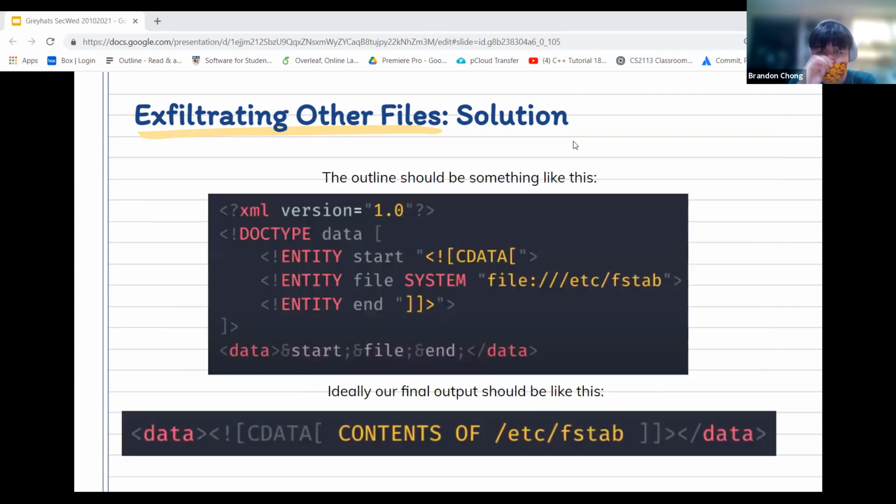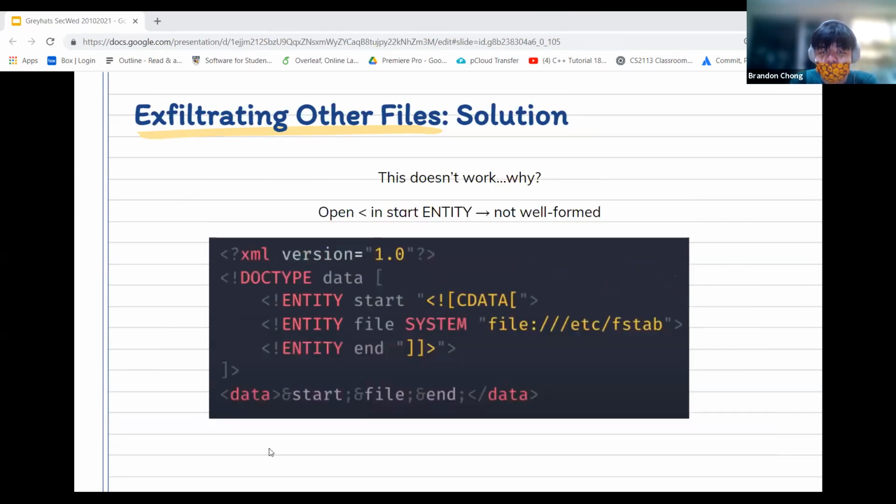So the idea is that the start and the end entities will be referenced as general entities within the data XML text. Ideally, the output should be something like this over here. So you can see within the data text, you have your opening characters, the contents of fstab, and the closing characters. But this doesn't work in reality.